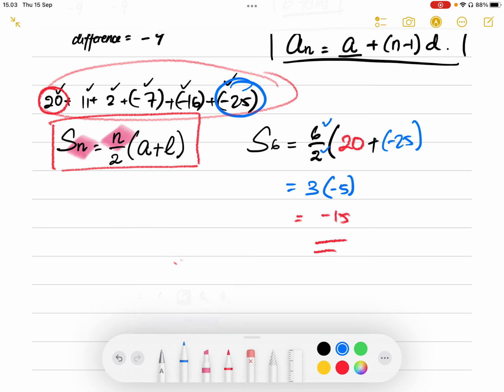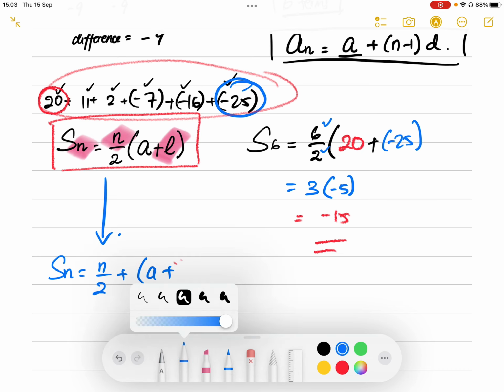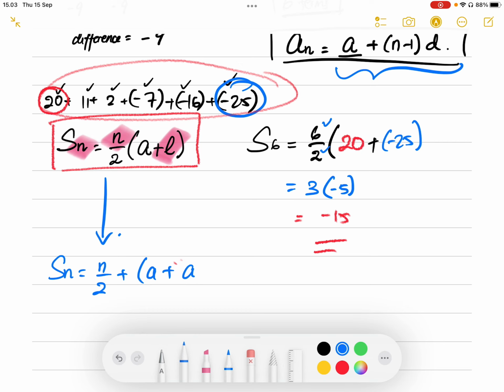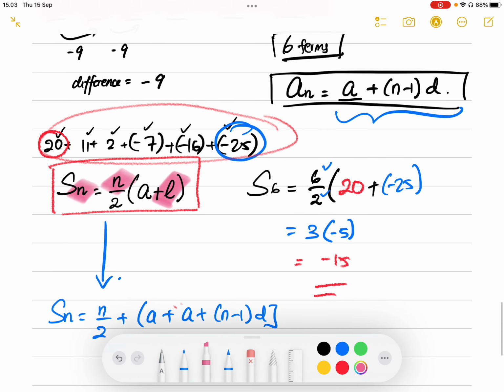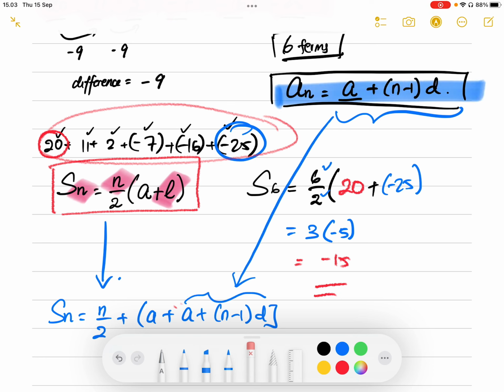Now there's another formula which we can derive from here. Sn equals n over 2 times a plus the last term, and the last term refers to the nth term, an. When we open it, an equals a plus n minus 1 times the difference, from this formula here, which we substitute in.